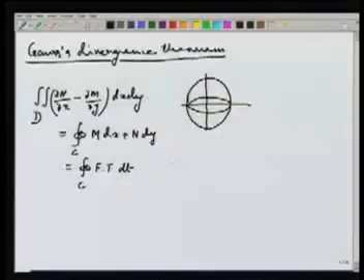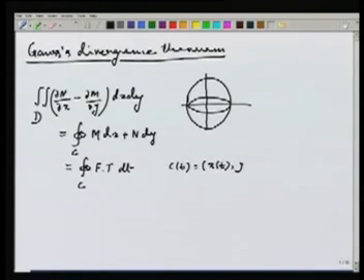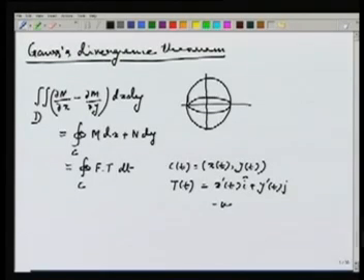So if C(t) is (x(t), y(t)), then T(t) is a constant multiple of x prime(t) i plus y prime(t) j. Okay, let us assume that this is the unit tangent.